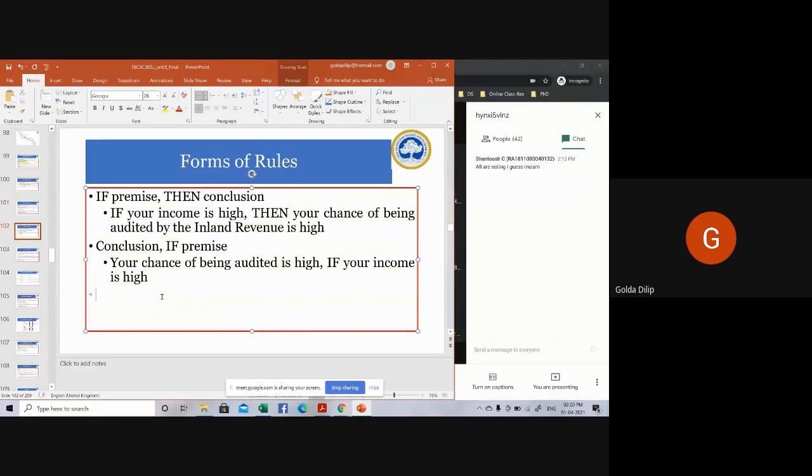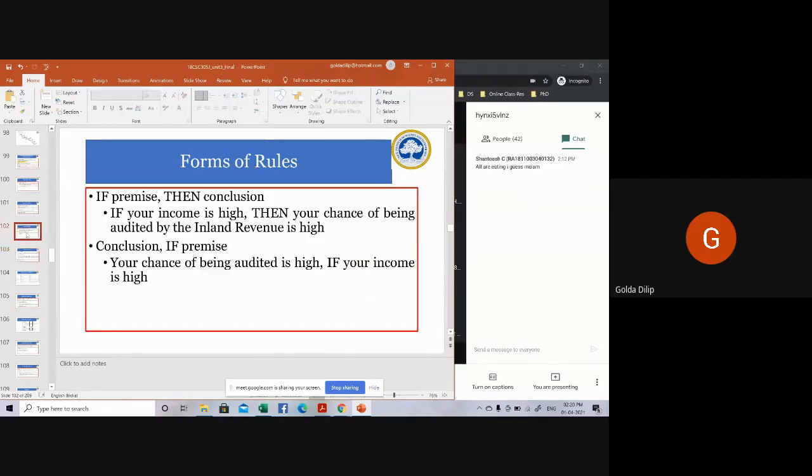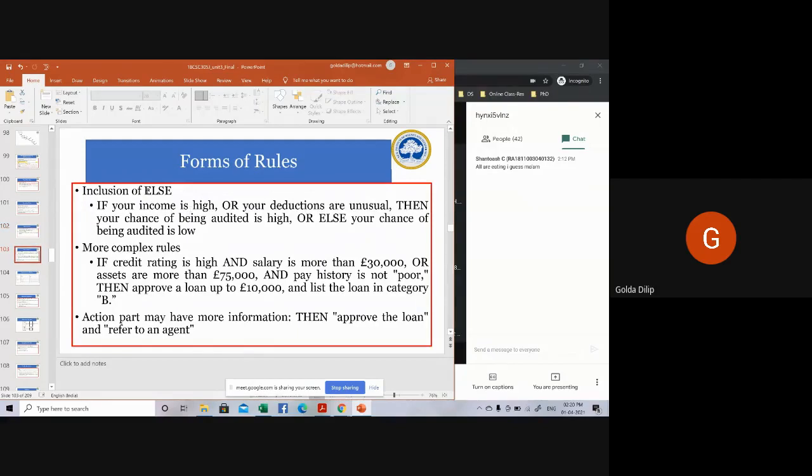That could be the conclusion. Then you can have else. This was a very simple form of a rule. The rules can be complicated. You can include else, or you can have complex rules, that is, a combination of clauses which will make it complex.